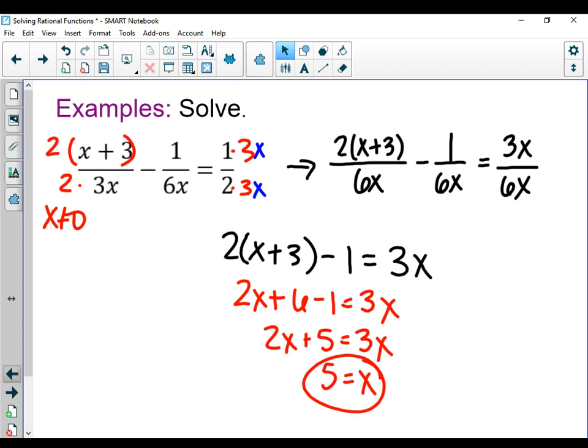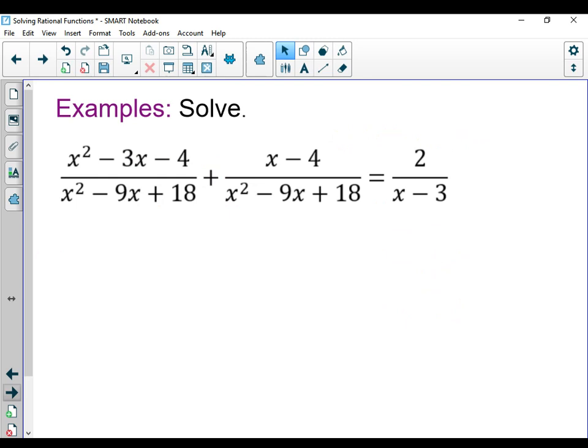So why would you FOIL it, or factor it, to then FOIL it after? Would it work? 100%. Would it be annoying and not save you time? Absolutely. It would be a pain to do it, but it would still work. So only factor your denominator, and then go from there.